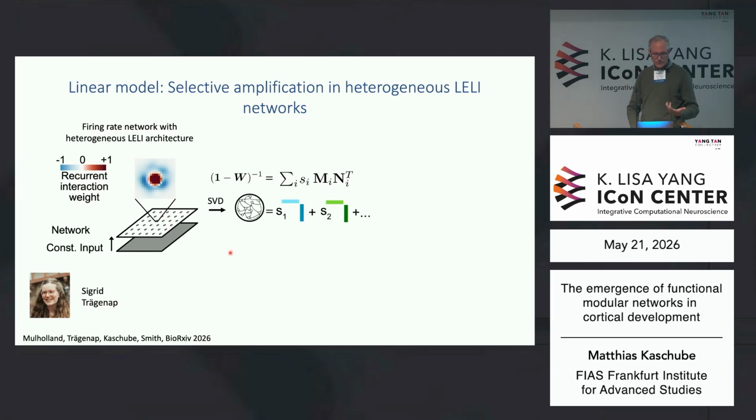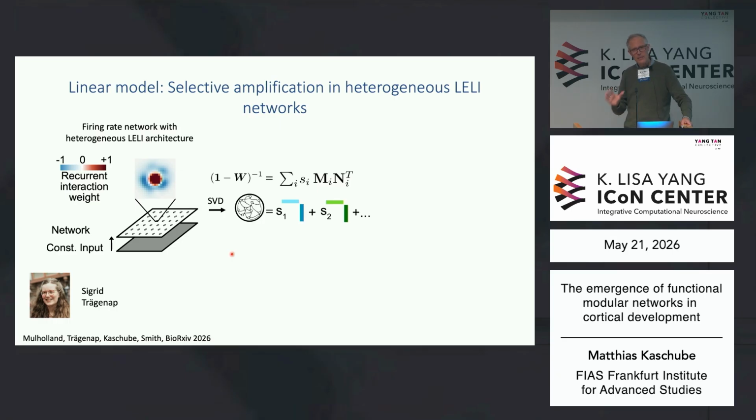In order to get at what these functional networks are, we went into understanding in terms of connectivity. So what are the connectivity modes that would show us how we should drive the network in order to elicit the strongest response?